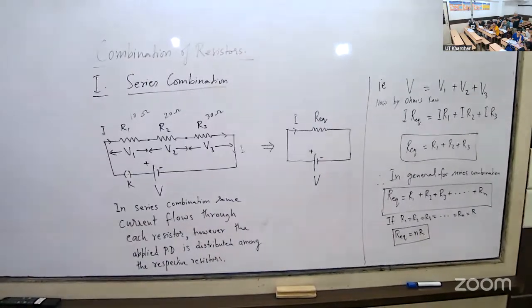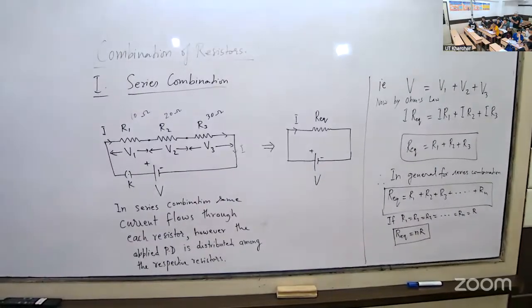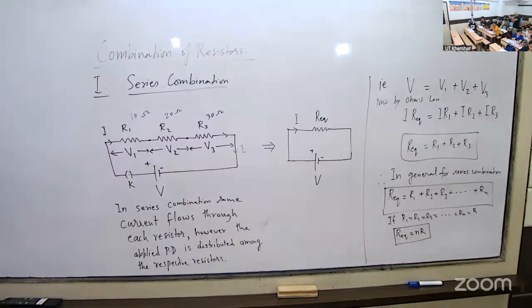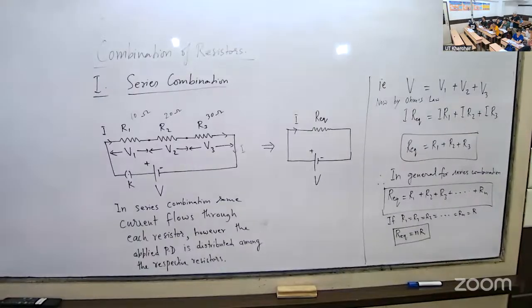Because there is only one path, whatever charges the cell is pumping into resistance R1, the same charge it is pushing through R2 and R3. R values are different, R1, R2, R3.